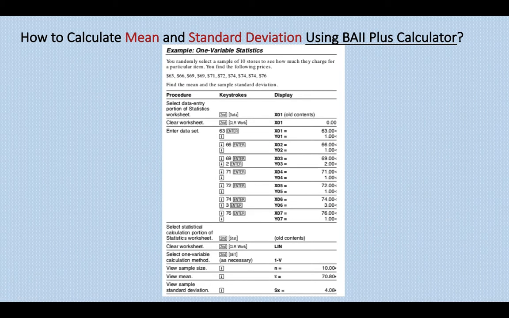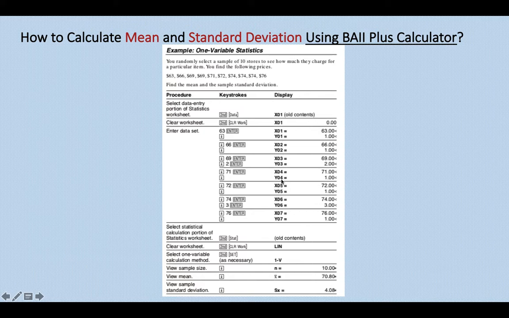If you want to calculate the mean and the standard deviation, you can use the BAII Plus calculator, the financial calculator. Make sure you know this is only one-variable statistics, so it's only one set of numbers. So you press second data, then second clear work.